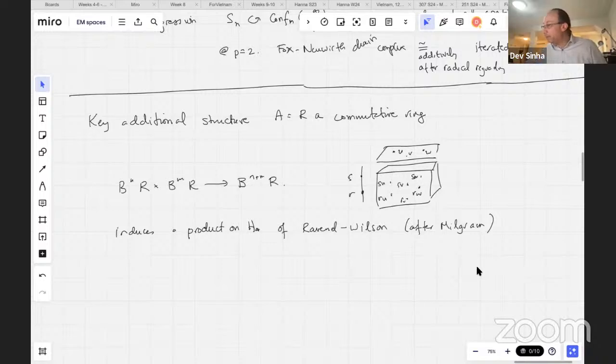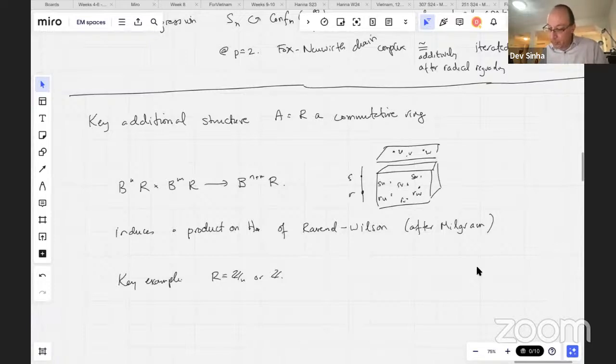Right. So what's one key example? So let R be Z mod N or Z, or really, I guess any, it doesn't have to actually be one of those.